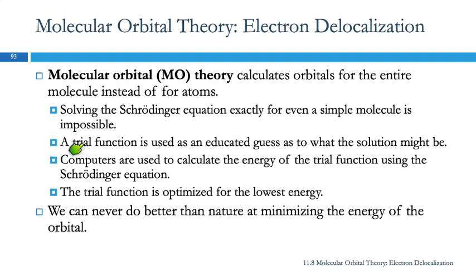So they start with a trial function as an educated guess, and then they basically iterate and move this way and that way until they find the one with the lowest energy. So that's our attempt to describe what nature is doing, but we can never do better than nature.